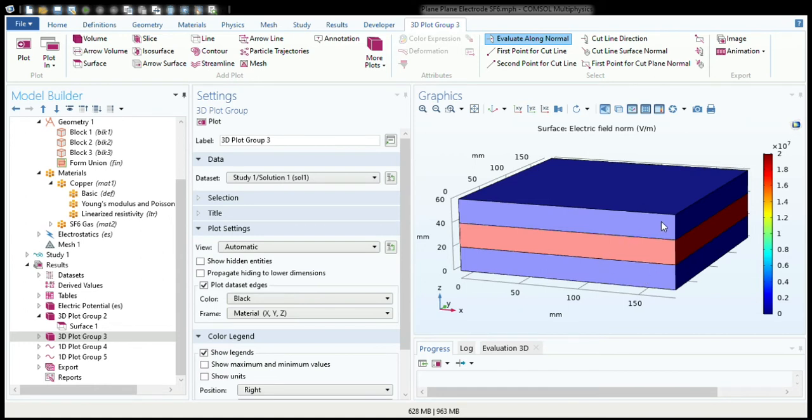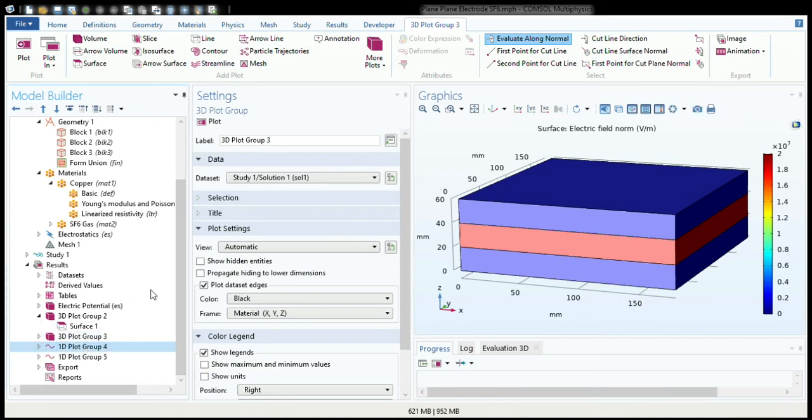A pure conductor should have zero electric field as shown here, and the gas insulator should achieve the maximum electric field, which is up to 2 exponent 7 volts per meter, and no leakage of electric field should happen in this electrode configuration.